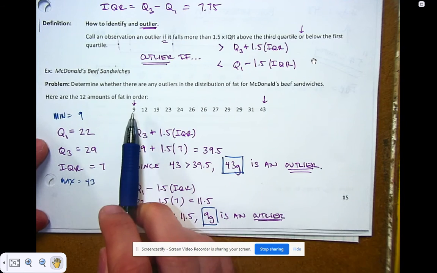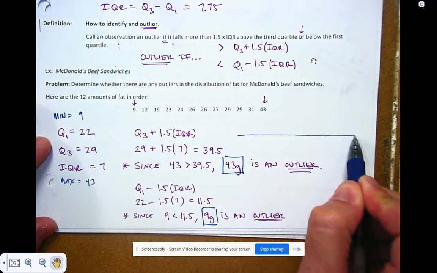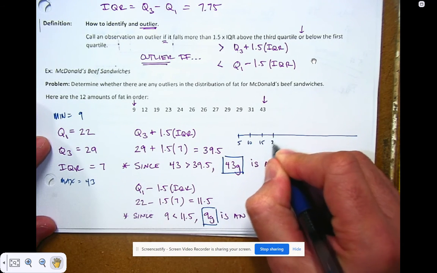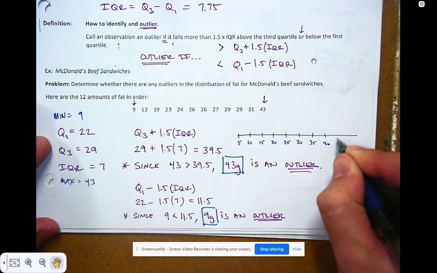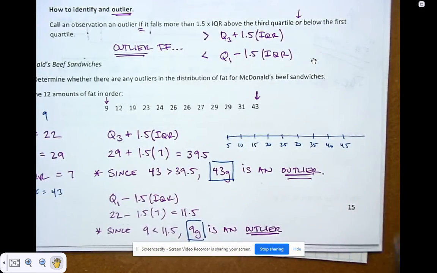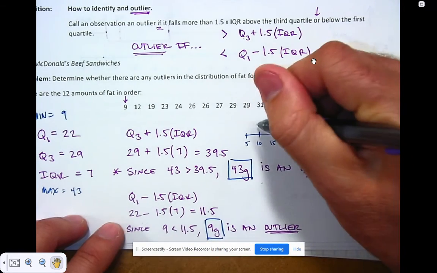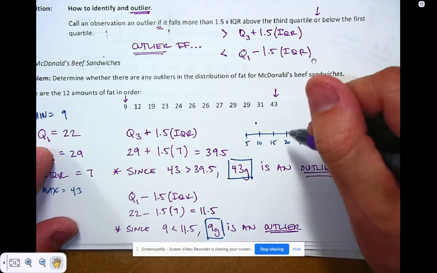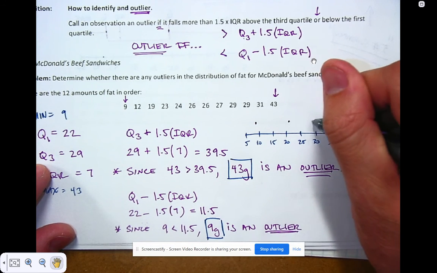I'm going to have to go from 5 up to 45, so I'll draw a number line again: 5, 10, 15, 20, 25, 30, 35, 40, and 45. Then I will quickly graph my 5 dots. My min value is 9, so I'll put that here. Quartile 1 is 22. Quartile 3 is 29.